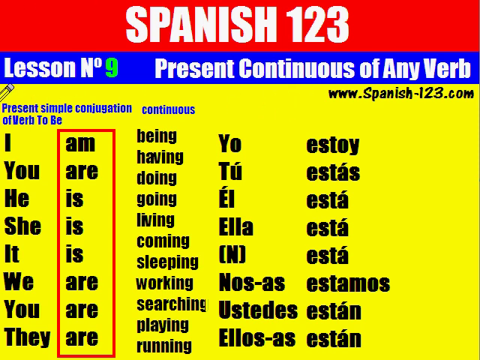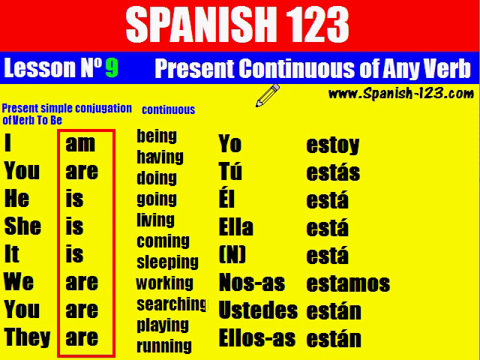The first thing you can see here is the present simple conjugation of verb to be. I am, you are, he is, she is, it is, we are, you are, and they are. And you know that in Spanish, verb to be has two different meanings, verb ser and verb estar.